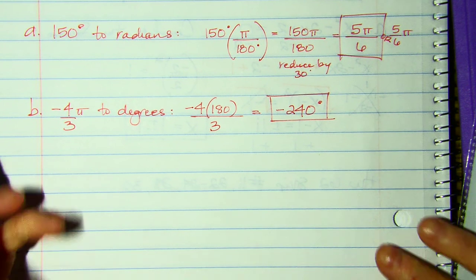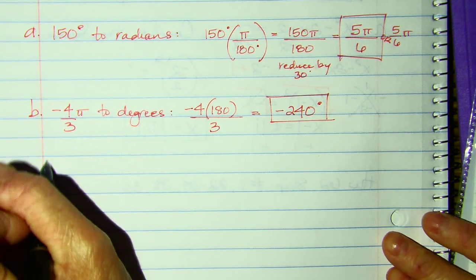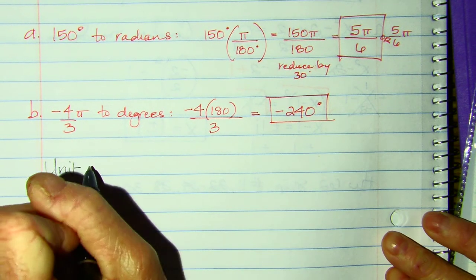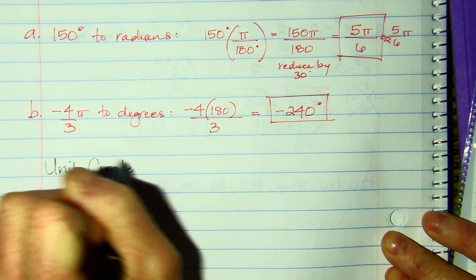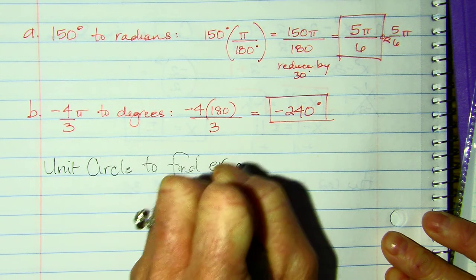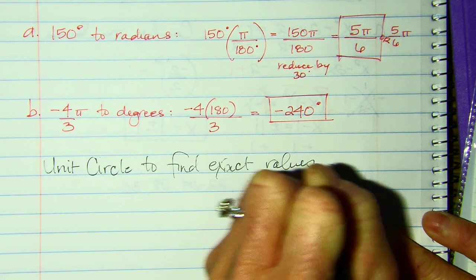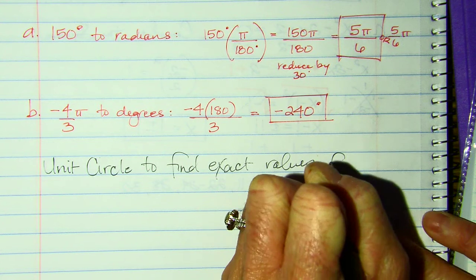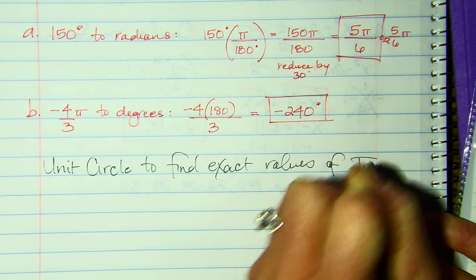All right, the second part is using the unit circle to find exact values of trig functions.